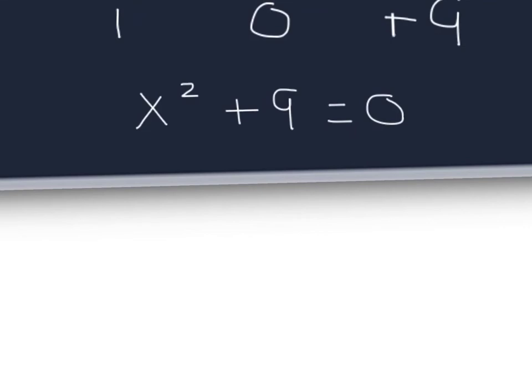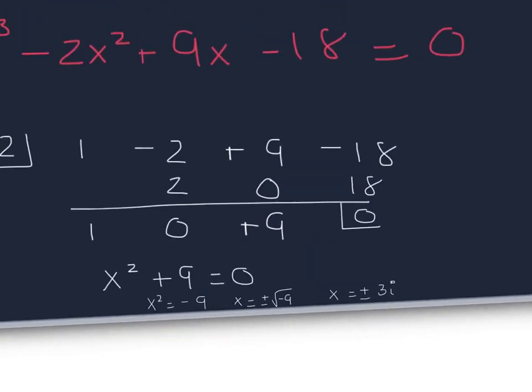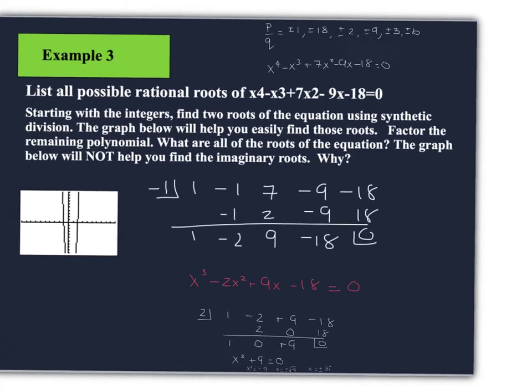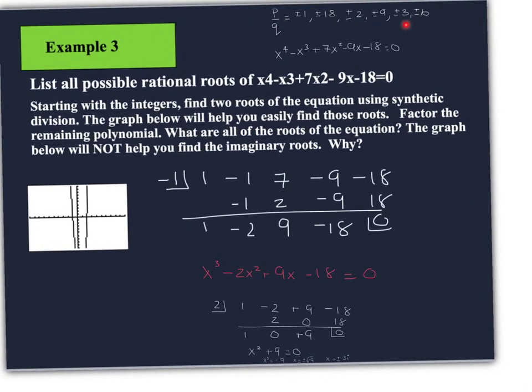So here, subtract 9, then take the square root of both sides, and here's where we're going to get the 3i. So our solution here is x equals plus or minus 3i. So we have 4 complete zeros, but 2 of them were only rational zeros from our list of possible rational roots.